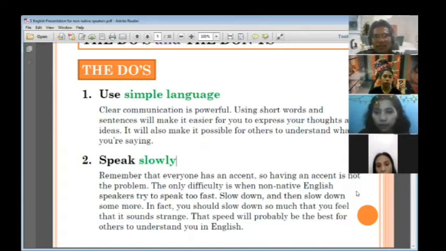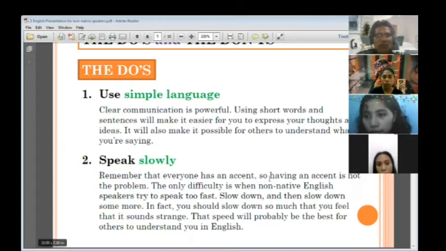The accents of Javanese, Kalimantanese, Nusa Tenggara, Madurese and the like are different from each other. Therefore, you need to slow down your speech, okay?